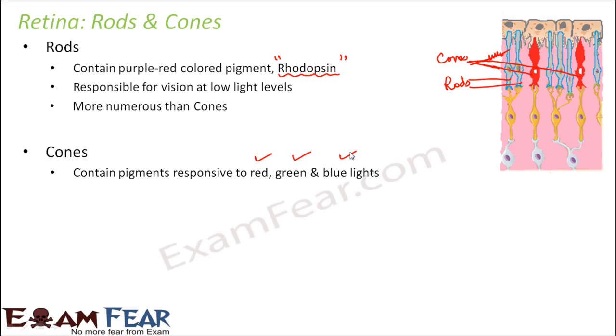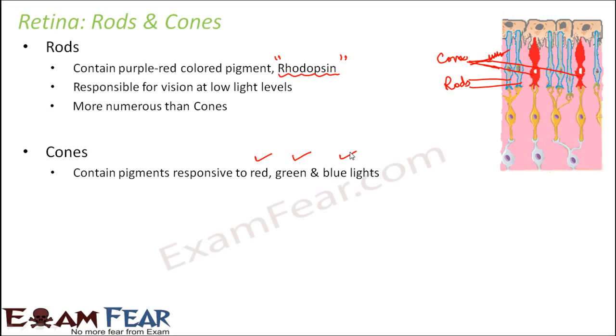Let us suppose somebody is wearing a red shirt and a green pant, very vibrant, right? When you see that in bright light, you are able to see the red and green color very distinctly. That is because in bright light, or at high light levels, the pigments present in the cones are able to receive the lights of different wavelengths.